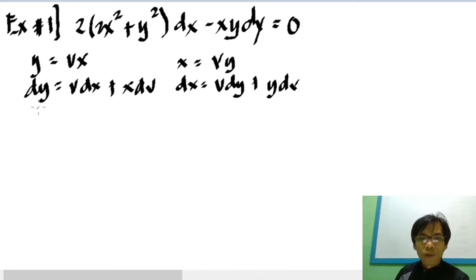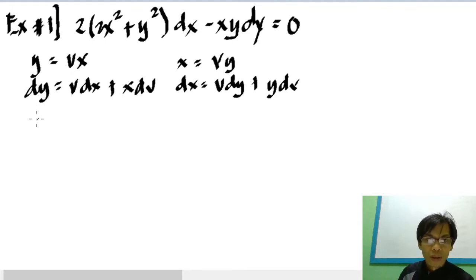Whereas if we substitute dy in here, it's simpler because we are only multiplying one term to this one. So in this particular problem, we will use y is equal to vx.